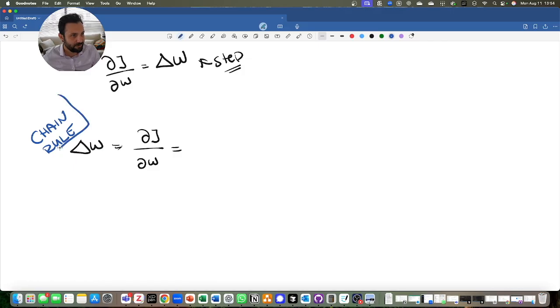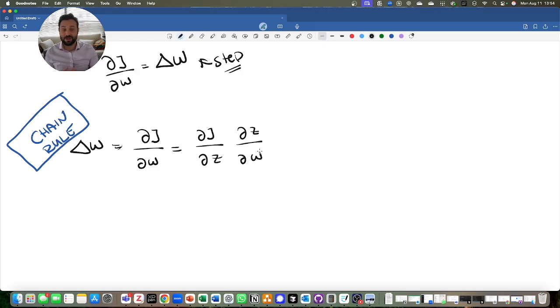I'm borrowing the chain rule from calculus. The chain rule tells us if dJ is relevant to dZ, and if dZ includes my dW in it, so I can do that.